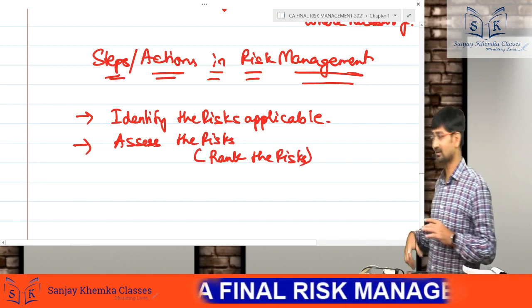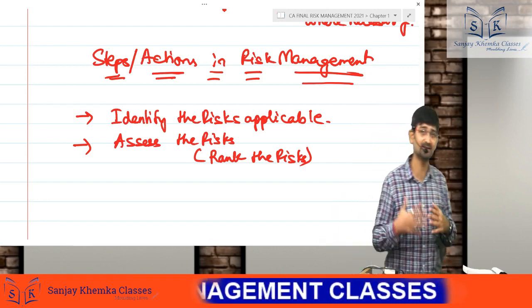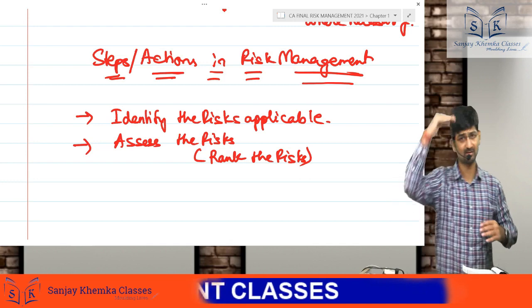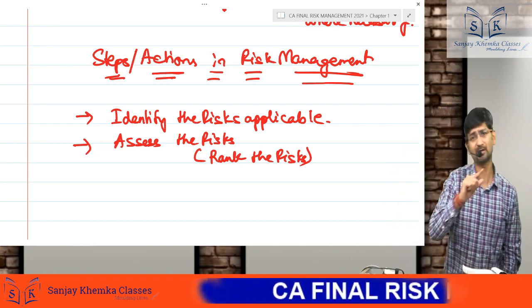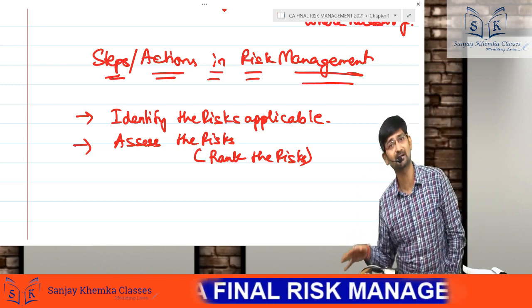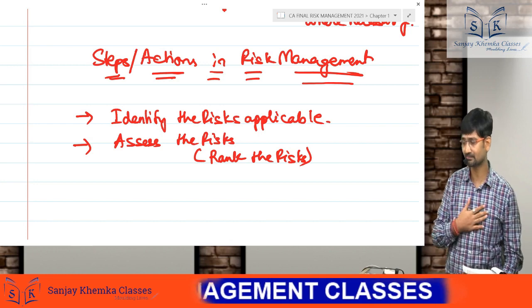Rank them in the order of their importance, priorities. What is more important, what is less important? Identify the risks, and then assess them. What risks are more important, what risks are less important for me? For the more important ones, I will take immediate actions. For the less important ones, I will decide. I'm coming to that in the next step.